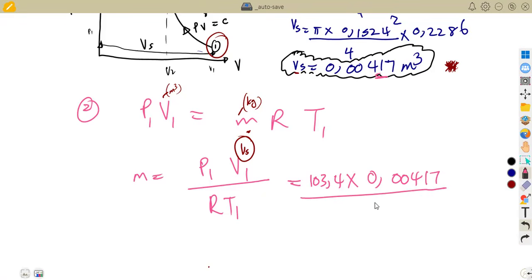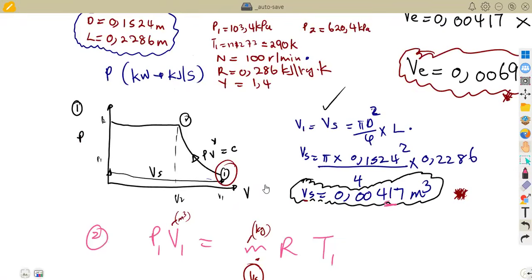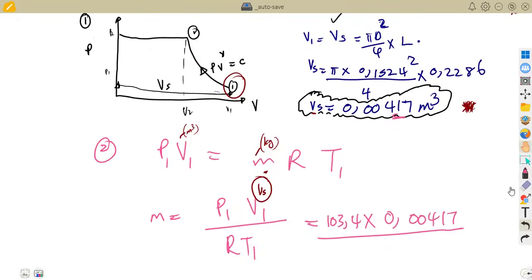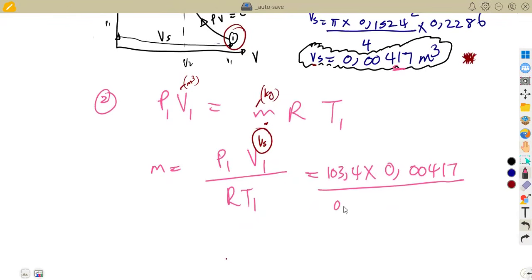Remember, R for air was given as 0.286, if I'm not mistaken. Then T1 is 290. So it's 0.286 times 290. This gives us our answer automatically in kilograms.